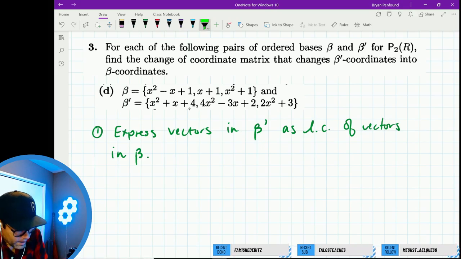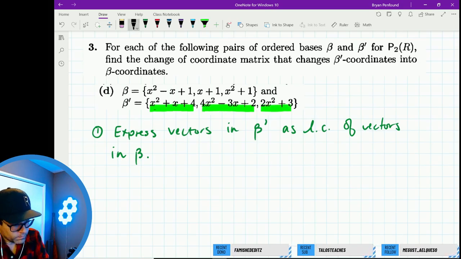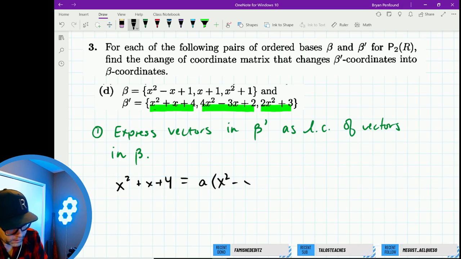It looks like we have 3, so 1, 2, 3. I need to get x squared plus x plus 4 as some kind of combination of the following.